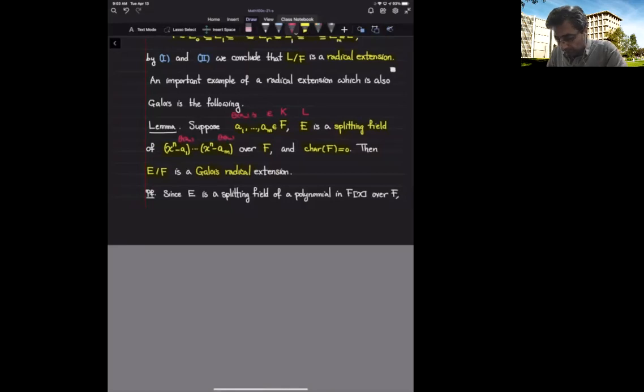So as theta ranges over the automorphisms, I'm replacing this with the product of x to the power n minus theta of a sub m's or something like this, where theta is inside the automorphisms of this.